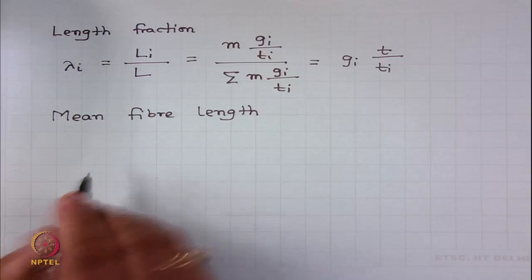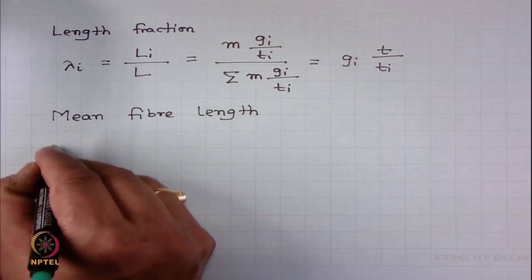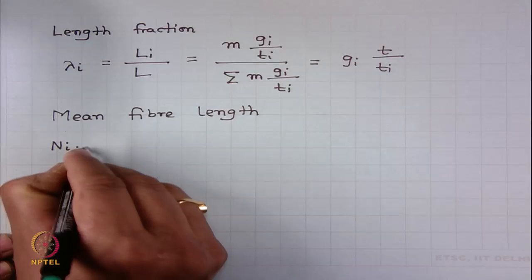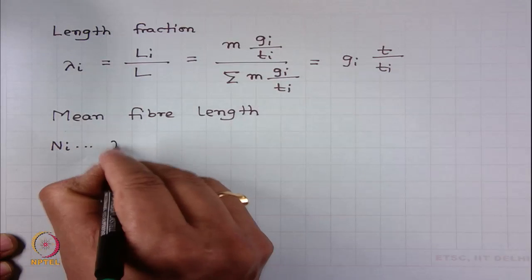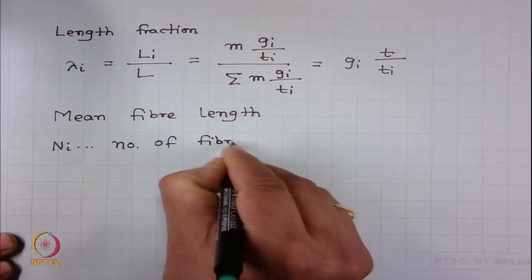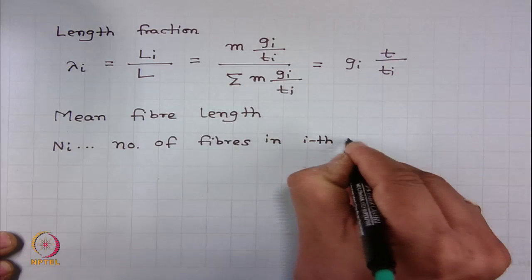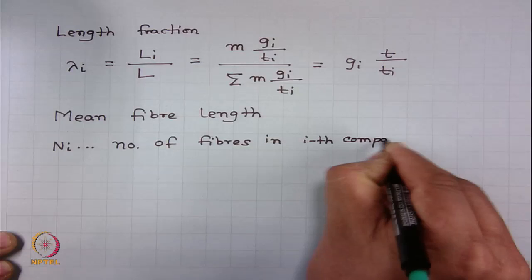To derive mean fiber length, we have to know the number of fibers of ith component. Let us consider n subscript I denote number of fibers in ith component.